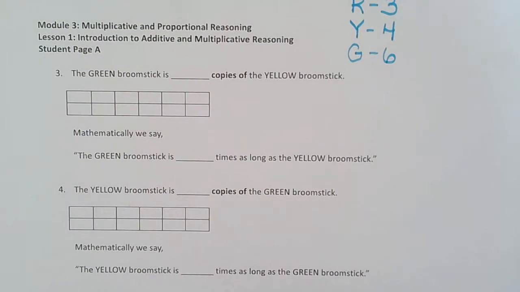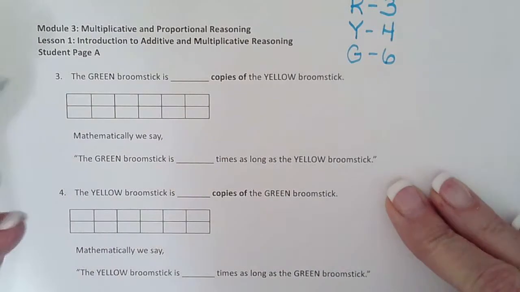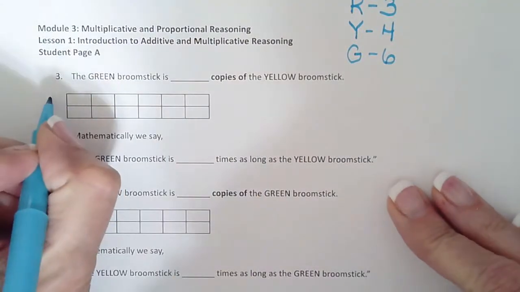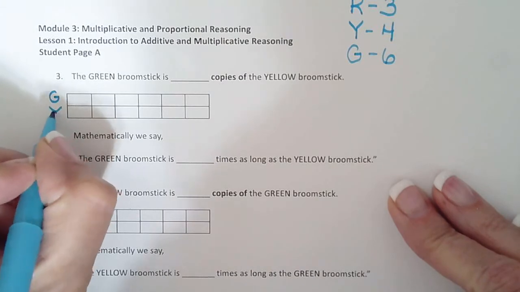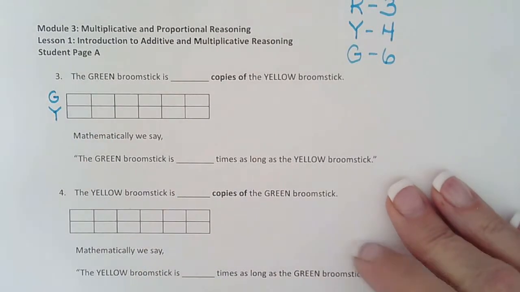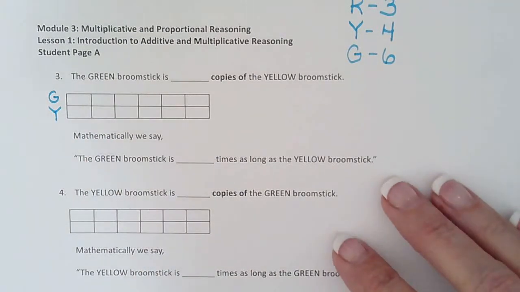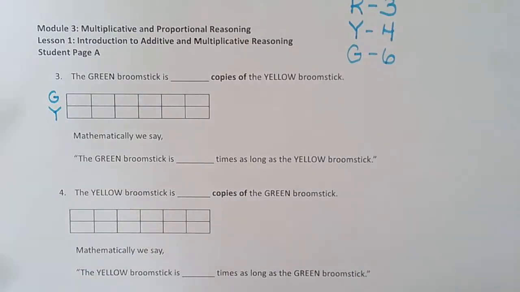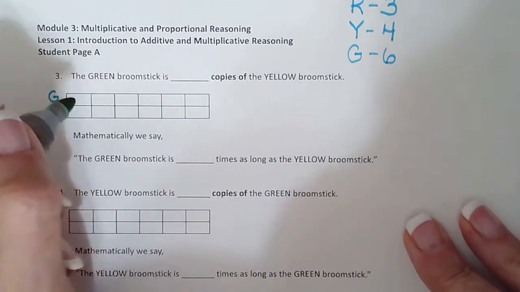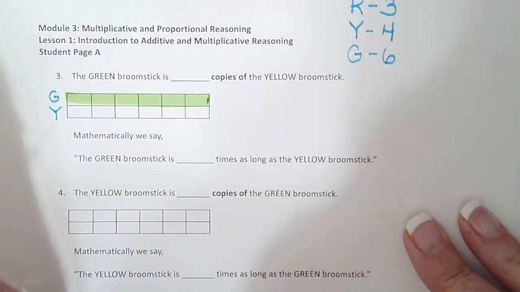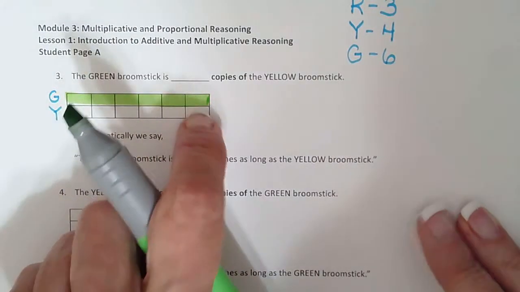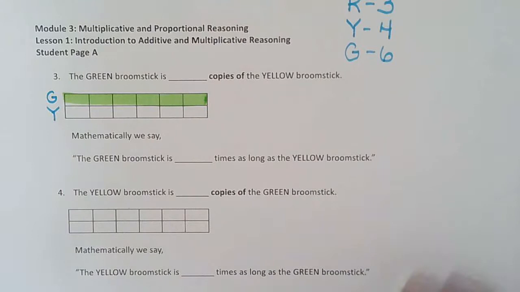So this one's comparing the green to the yellow. So remember, we have to keep it in the order that it says. So this will be the green, this will be the yellow. So the green is 6. So 1, 2, 3, 4, 5, 6. And the yellow is 4.